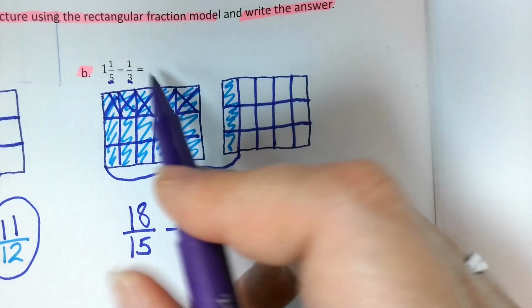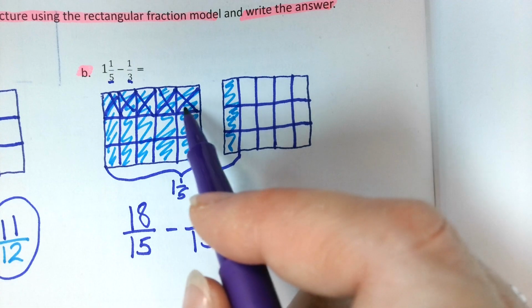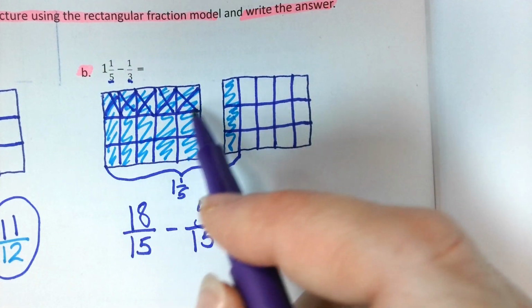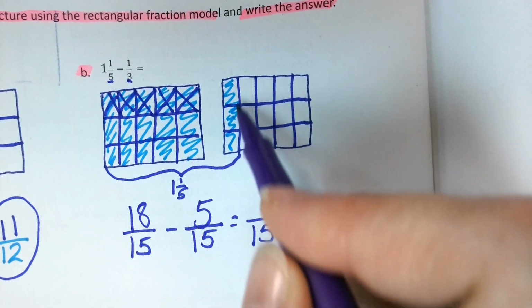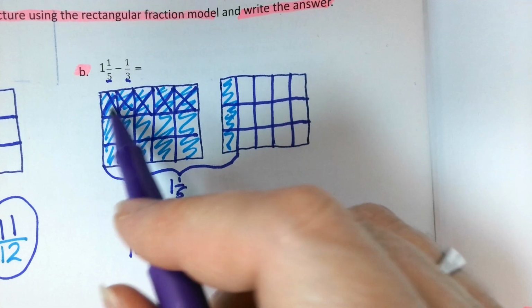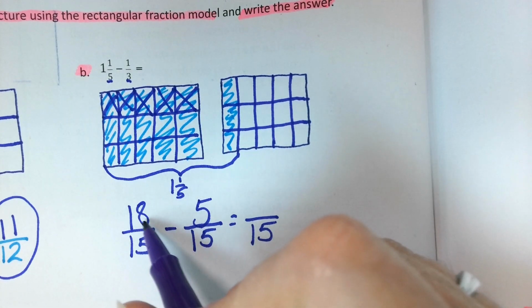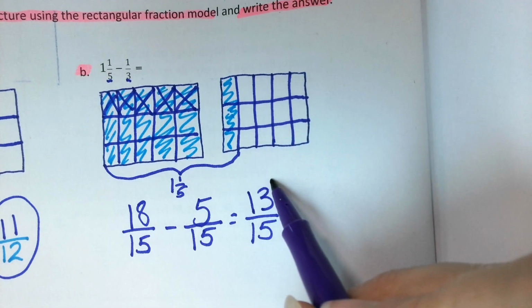And when I say count all of them, some of them would leave them out if we subtracted them first. We still need to count those. We count everything in this 1 1/5 for this fraction. Then I count what I marked out, 5 fifteenths. 18 minus 5 is 13 fifteenths.